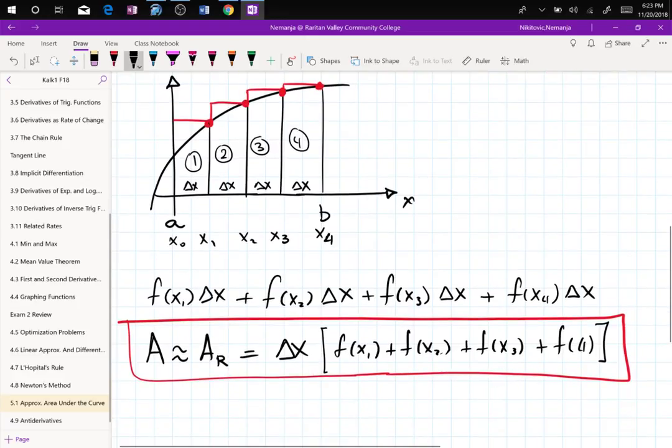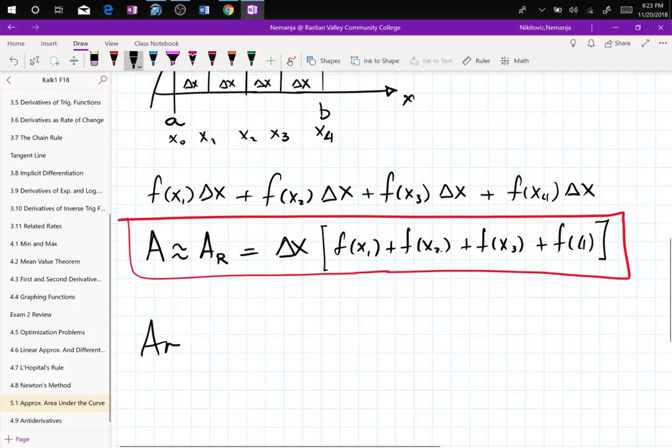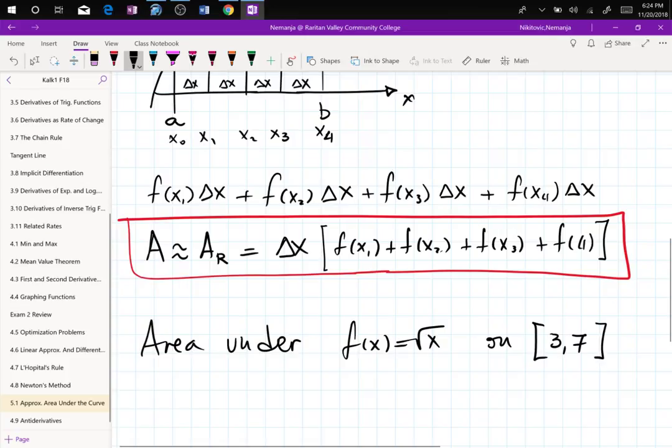Let's try this on the area under f of x equals square root of x on the interval, let's say 3 to 7. There we go.